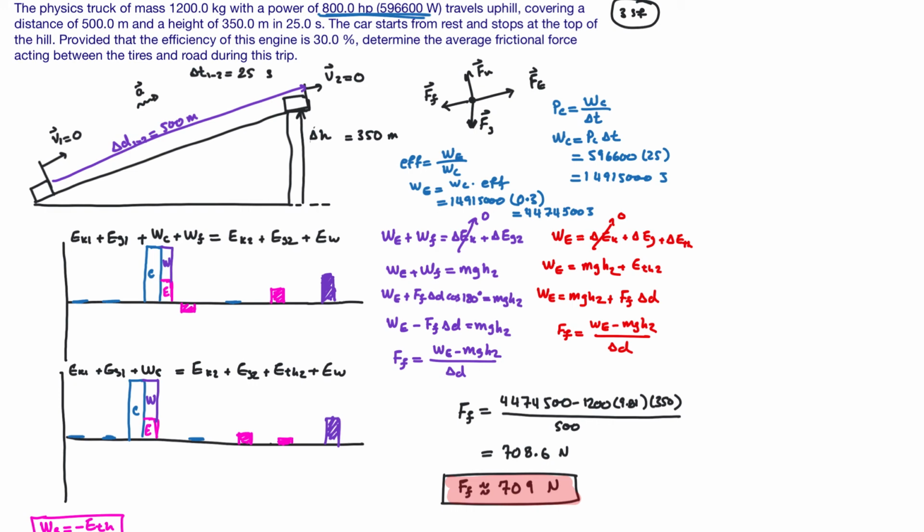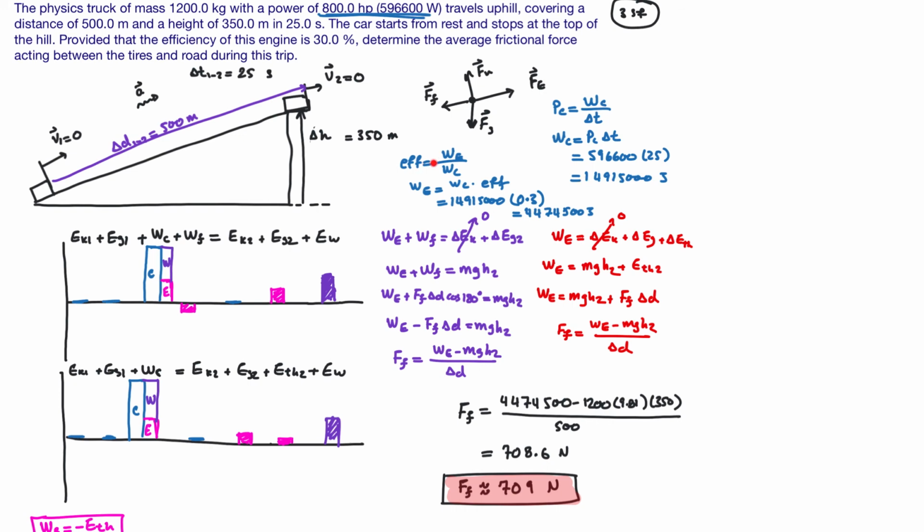Okay, once we have this, we can go and start solving the question. We could have just started with this part right away because we have the information about the power, the chemical power right away, or the input power. You can just use P in instead. And power chemical is equal to work chemical over change in time. Rearrange that, and we can see that in 25 seconds, the amount of chemical energy that's used up or inputted into the engine is very large right here.